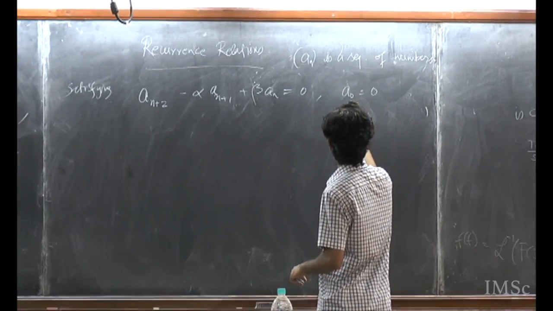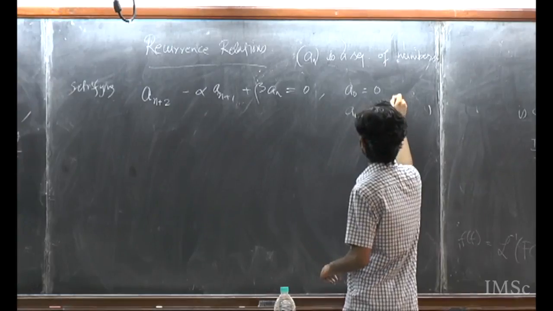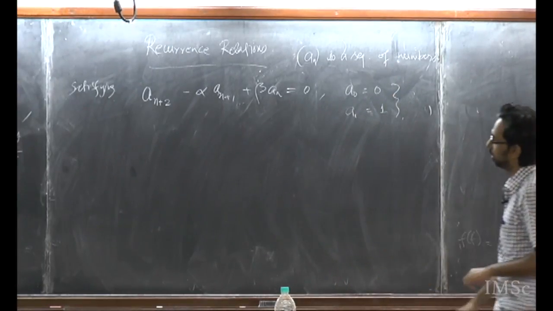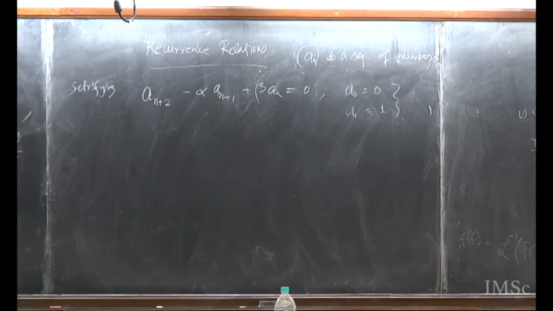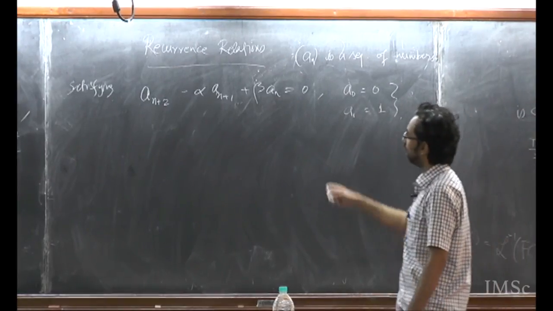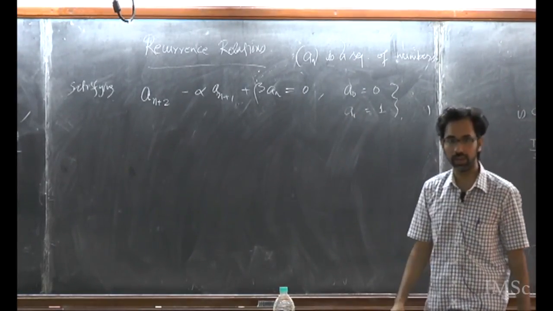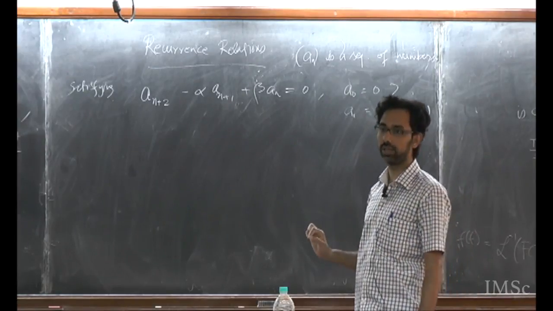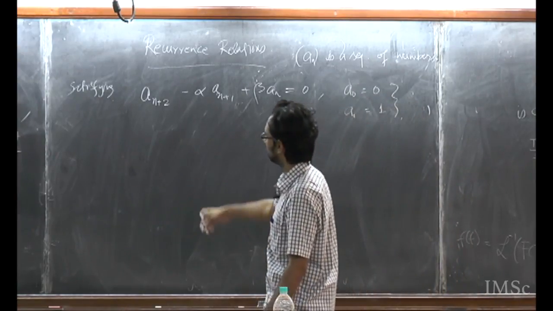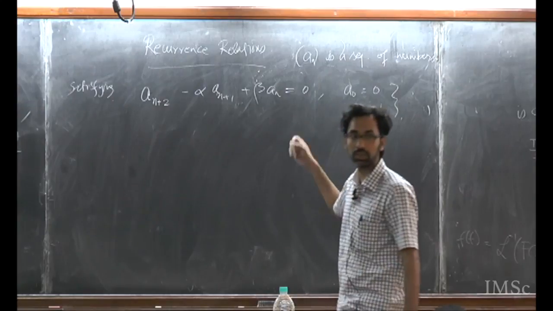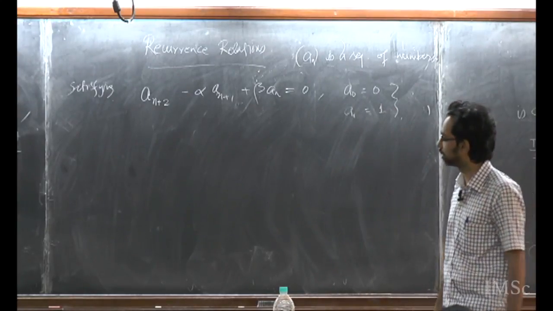Let's say a_0 is 0, a_1 is 1. So you want to solve for a_n. What is the value of a_n in terms of n only, such that this equation is satisfied. So this is called a recurrence relation.